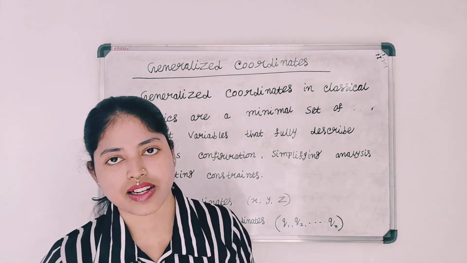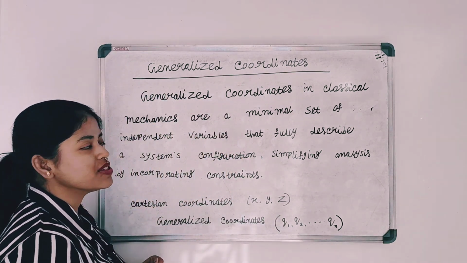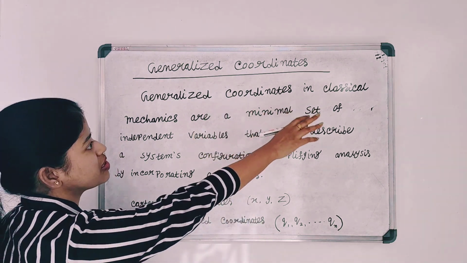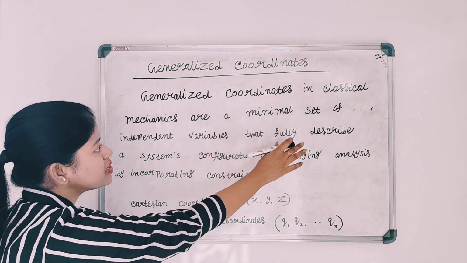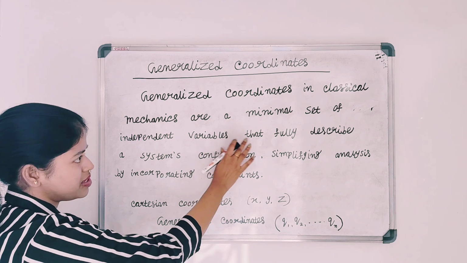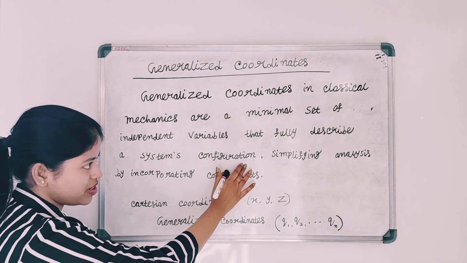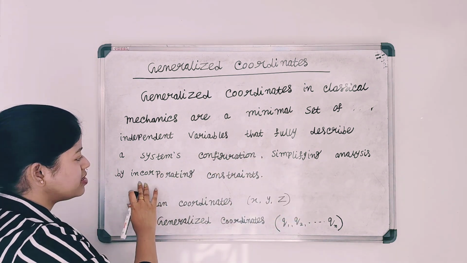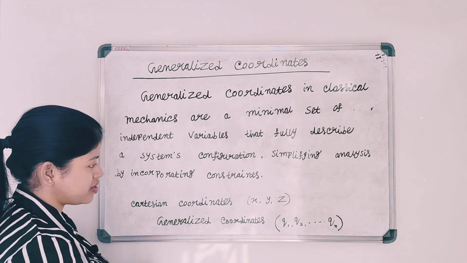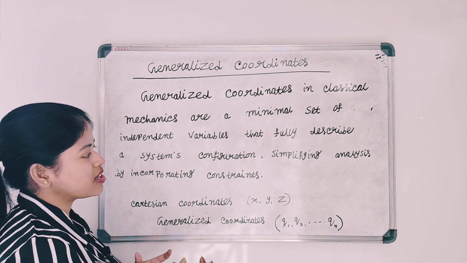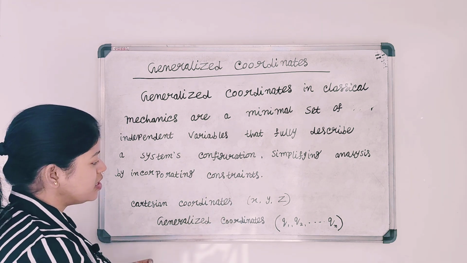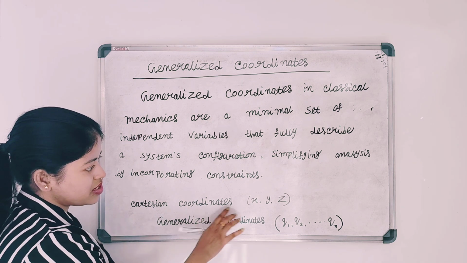Okay, so now we're going to start our mathematical calculations of Lagrangian and Hamiltonian, but first we need to consider the generalized coordinates. Generalized coordinates in classical mechanics are a minimal set of independent variables that fully describe a system's configuration, simplifying analysis by incorporating constraints. They are a set of independent variables, just like the Cartesian coordinates x, y, z.